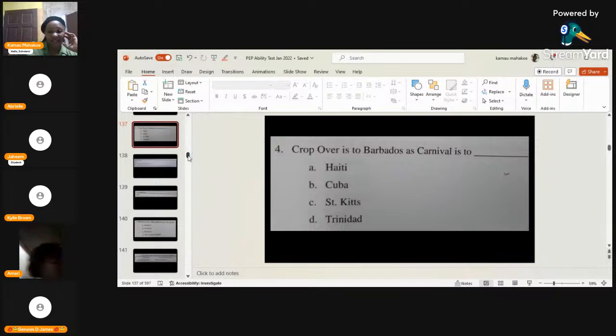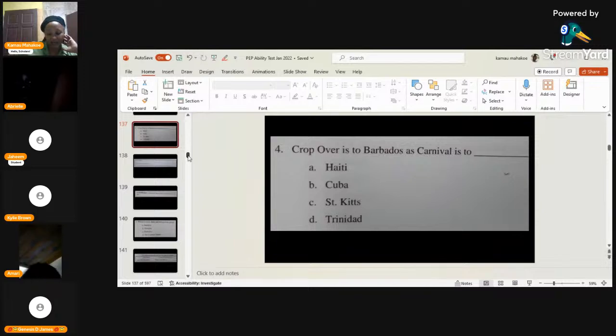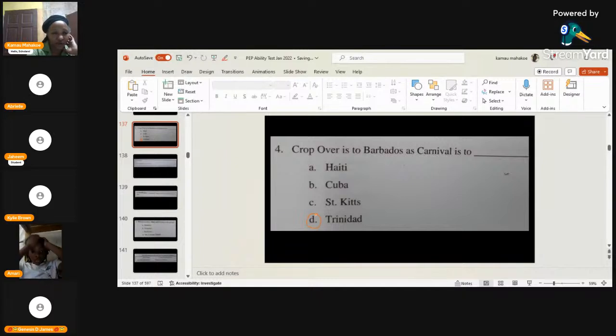All right, so it's a festival. So Carnival is a celebration in which island? Miss, I think it's Trinidad. Trinidad is correct. Right now you have carnival in other places, but originally it's mostly Trinidad. In the Caribbean it originated in Trinidad.